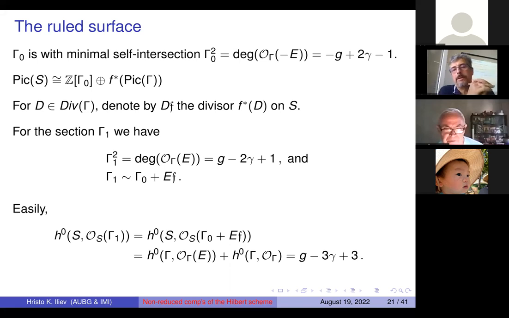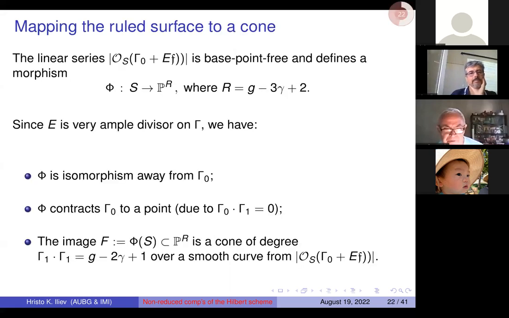appropriate divisor classes. It turned out that I can look at the linear series essentially induced by gamma 1, or equivalently gamma naught plus EF. So this is the pullback on S through F of the divisor E on gamma.